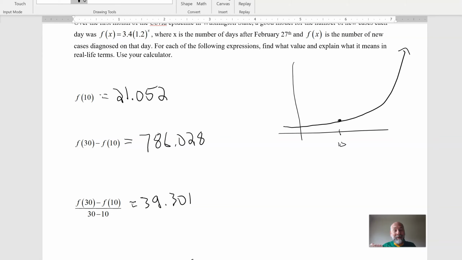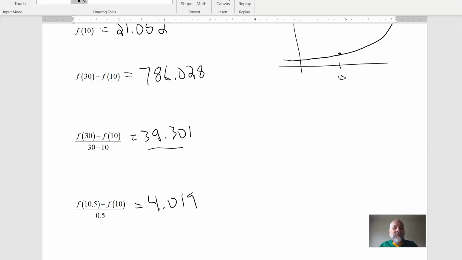It doesn't mean it was going up exactly that every single time. It just means that on average, if you watch the new case meter and you watch how the days were going, the number of new cases was going up 39-ish cases per day. Yeah? And now we get to this next one, which is kind of interesting.